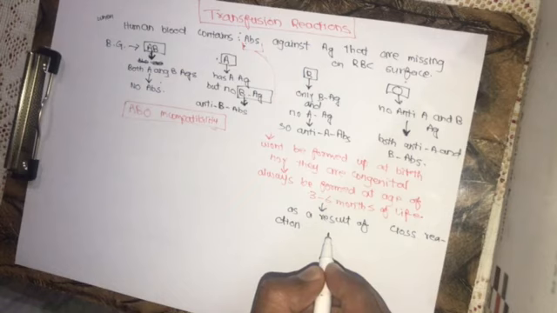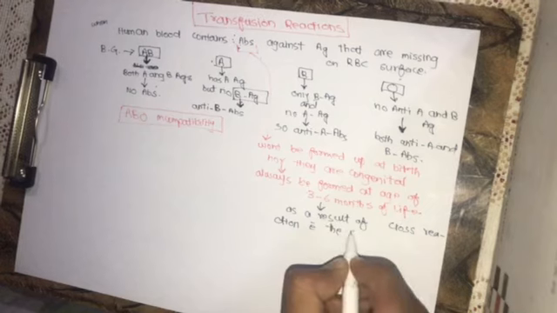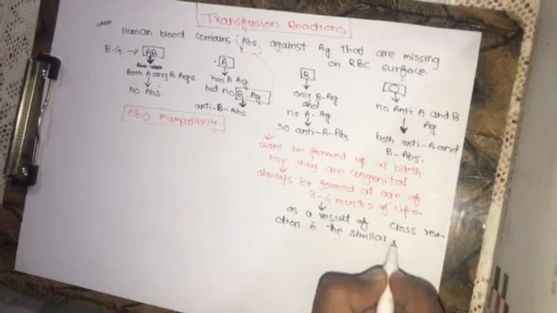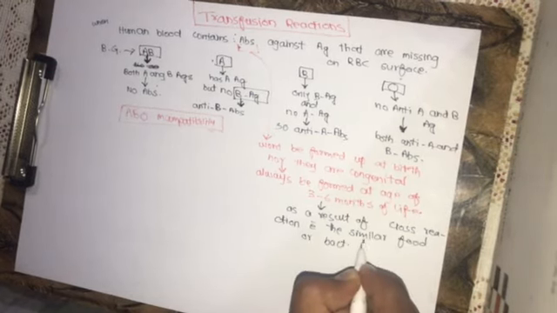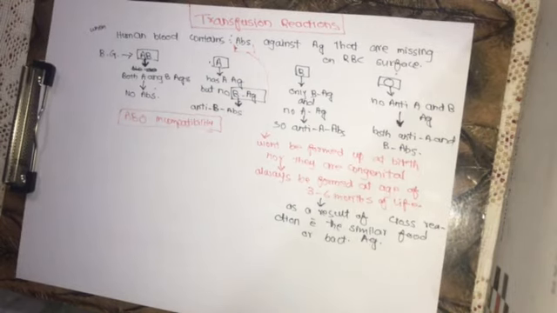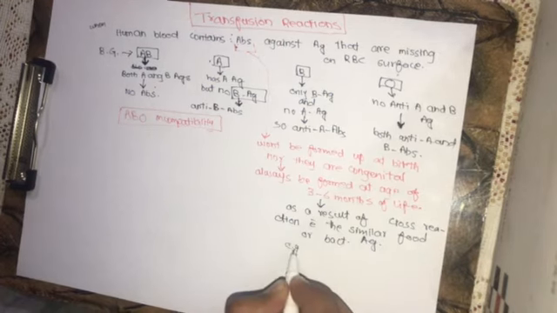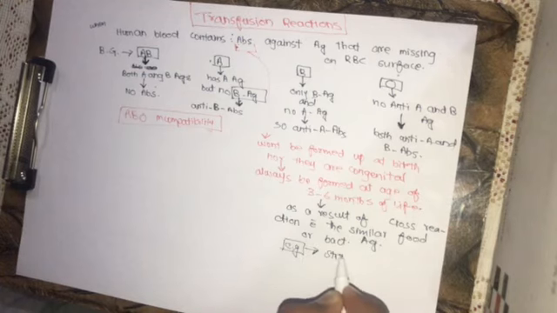So these antibodies will be formed at the age of 3 to 6 months of life, as a result of cross reaction with a similar food or bacterial antigen. For example, there is streptococcal infection.